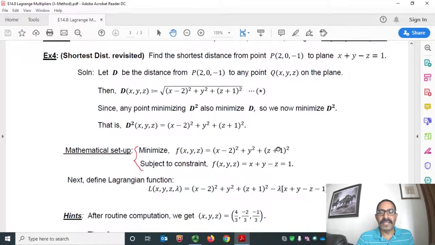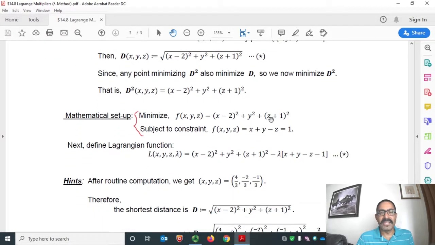So the mathematical setup for the Lagrange method is, we are minimizing because we are finding the shortest distance. So minimize the function f, which is d square. That means x minus 2 squared plus y square plus z plus 1 squared, subject to the constraint.